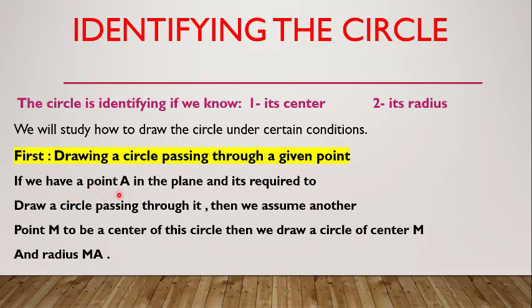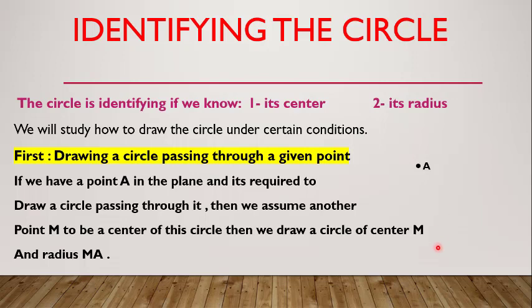If, for example, we have a point A and we want to draw a circle that passes through point A. In this case, I'll choose any point in its plane to be the center of the circle.